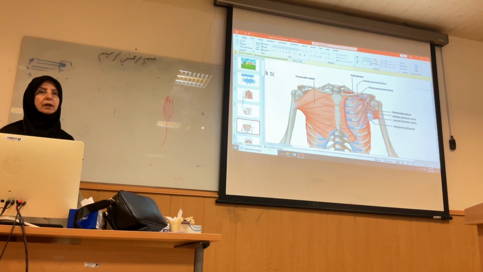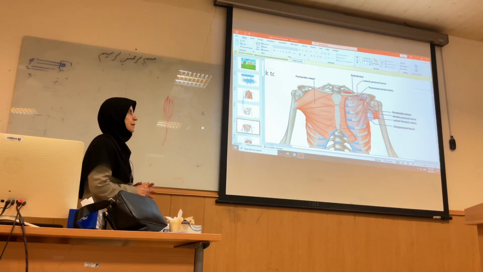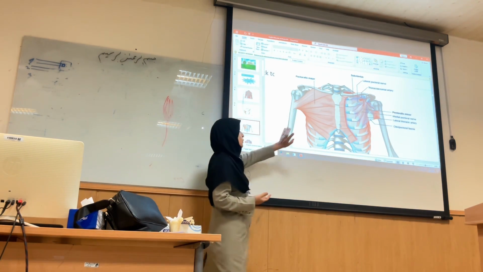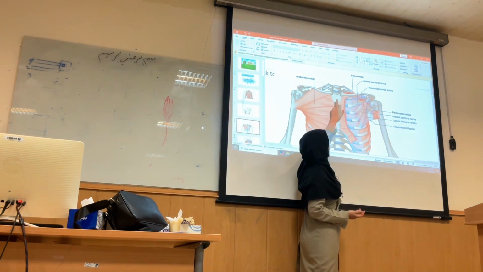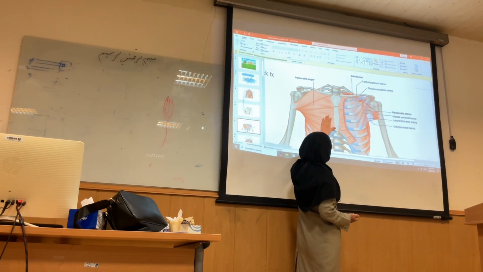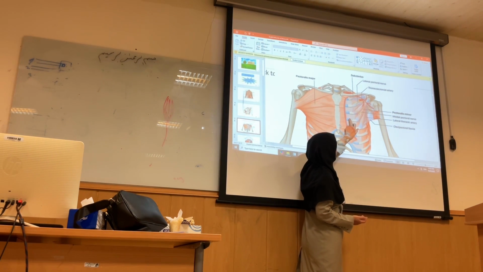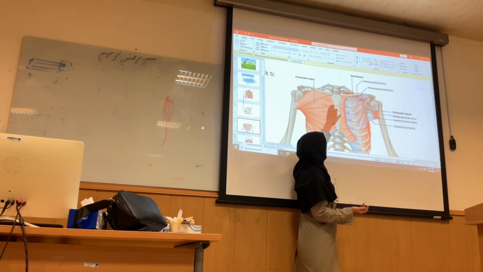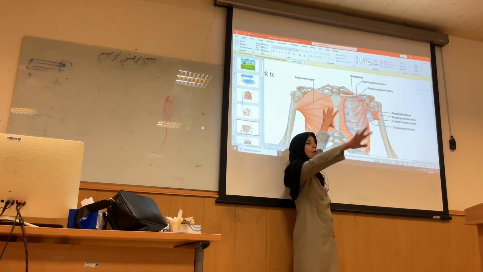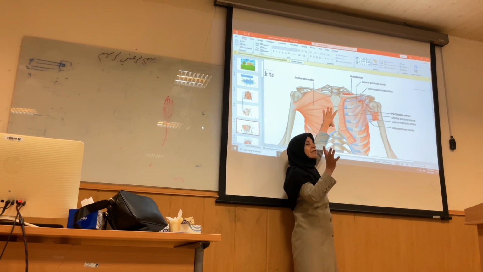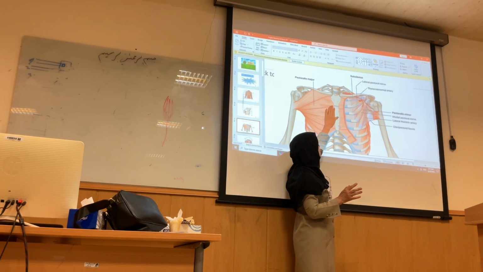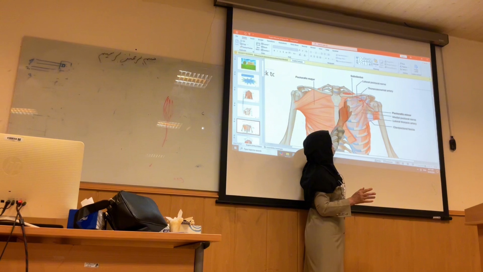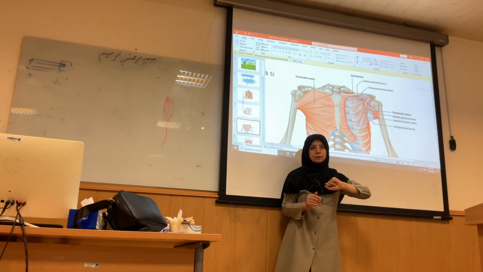So the pectoralis major attaches to the clavicle, the sternum, and indeed to the costal cartilage. Which costal cartilage? The second to the sixth costal cartilage in all of us. But we have variation for attachment of the pectoralis major to the first costal cartilage or the seventh costal cartilage.